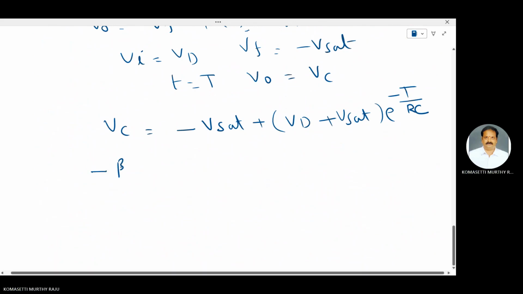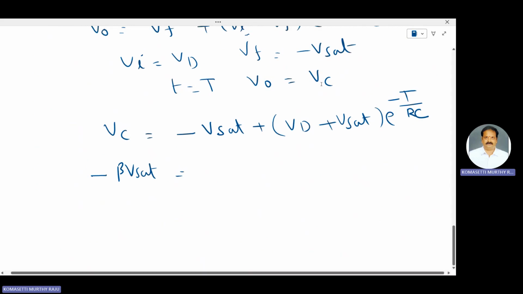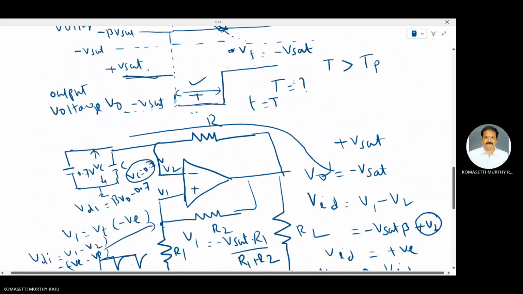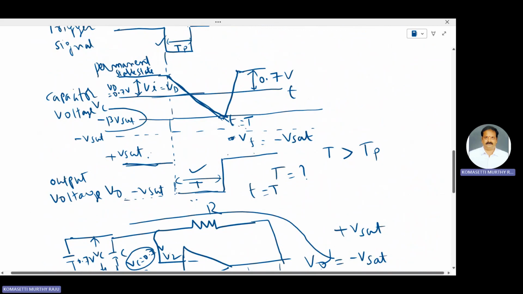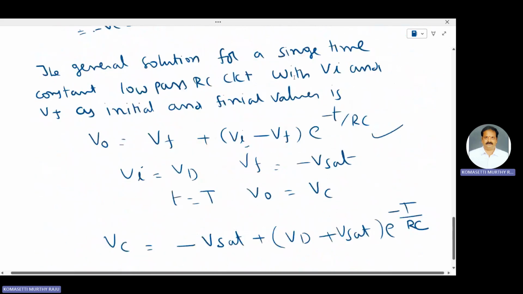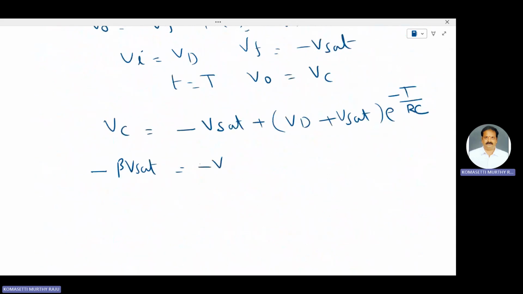Therefore, Vc is equal to minus beta Vset, not Vset. At time interval t equal to T, the Vc value is minus beta Vset. Substitute here: minus Vset plus Vd plus Vset e power minus t by RC.